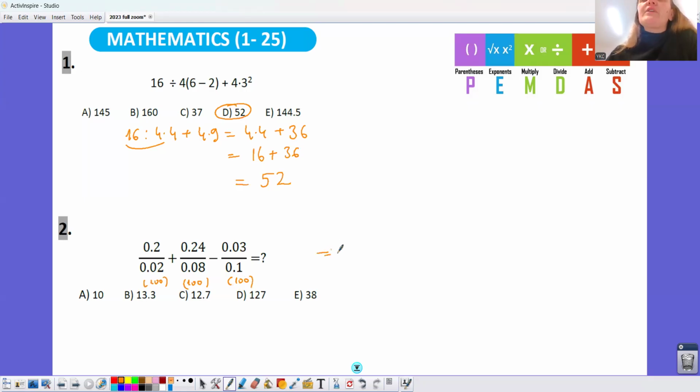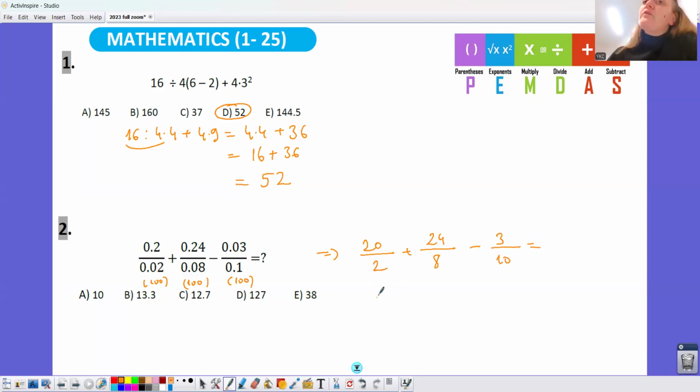So our fraction will become 100 times 0.2 will be 20 over 100 times 0.02 will be 2, plus the other one will be 24 over 8, and minus the last one will be 3 over 10.